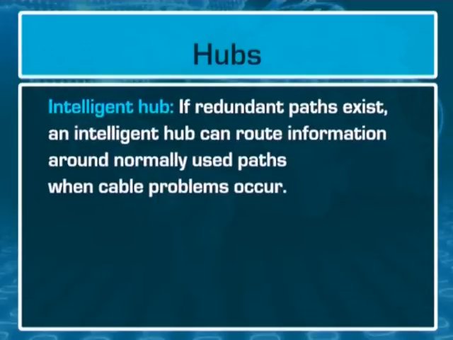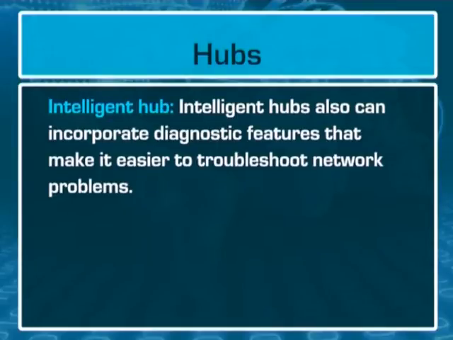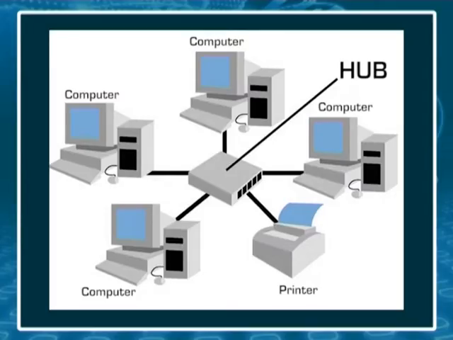If redundant paths exist, an intelligent hub can route information around normally used paths when cable problems occur. Routers, bridges and switches are examples of hub devices that can route transmissions intelligently. Intelligent hubs also can incorporate diagnostic features that make it easier to troubleshoot network problems. Figure shows the star topology.